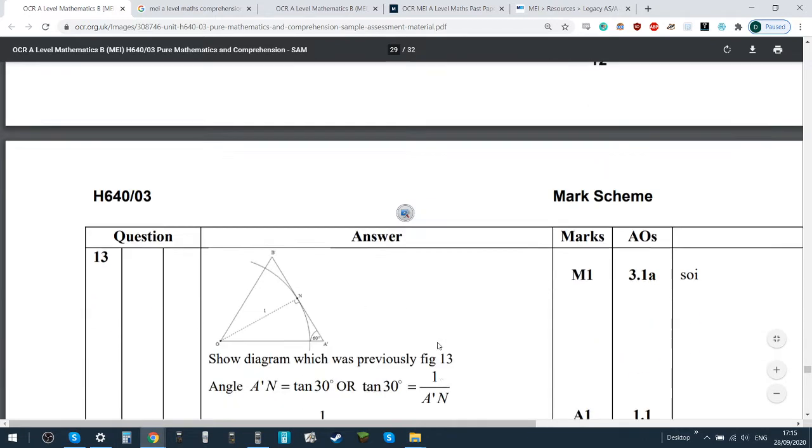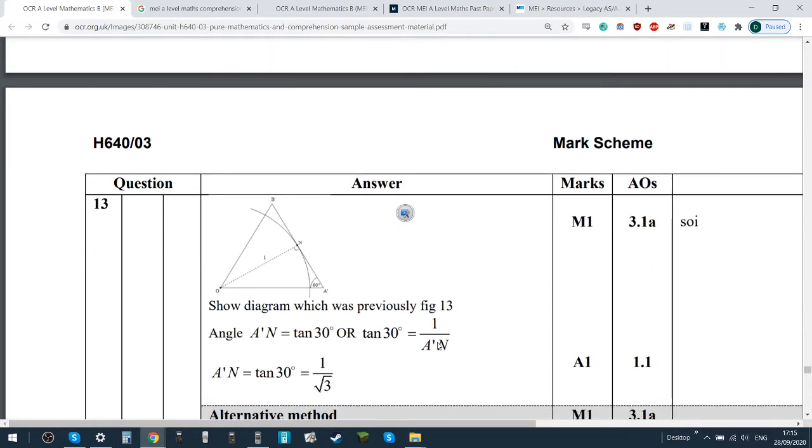Triangles equilateral. Tan 30. A dash to the midpoint. That's 90. How do they know this is 60 and that's 30? Because the triangles are equilateral.